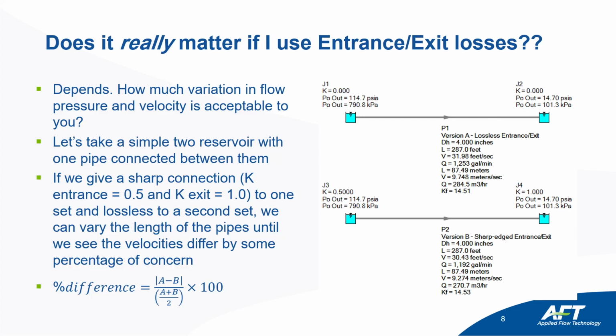What we can then do is vary the length of these pipes until we see the velocity differ by some percentage of concern. That percentage of difference is going to be shown by this equation right here.